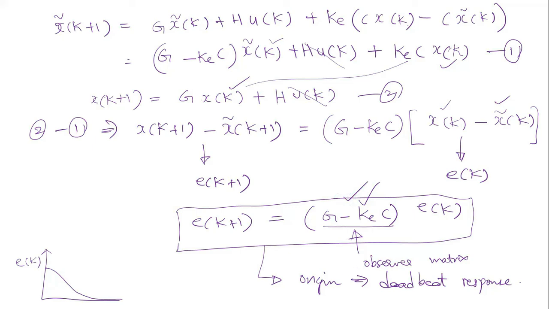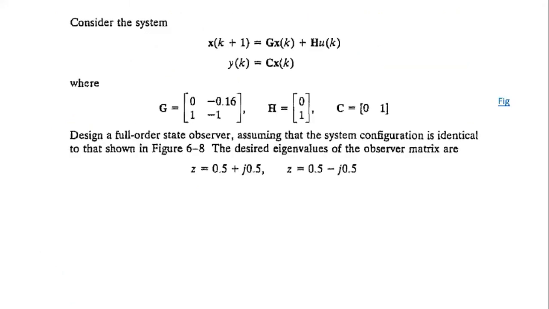What happens in a deadbeat response is that the error value will come to 0 in the next possible time step. So that's what a deadbeat response looks like. That is the fastest system we could achieve. Okay, so that is about deadbeat response.